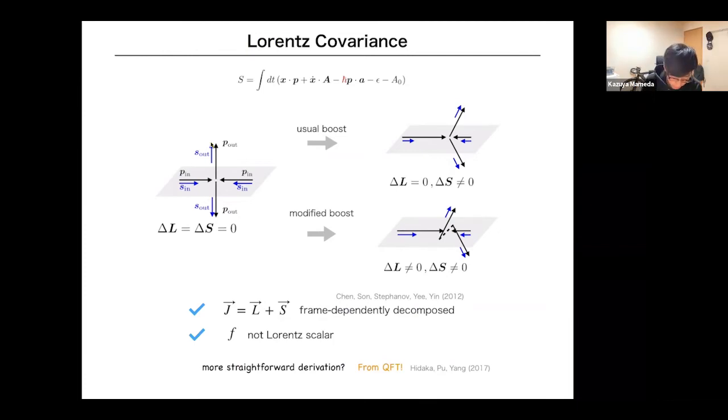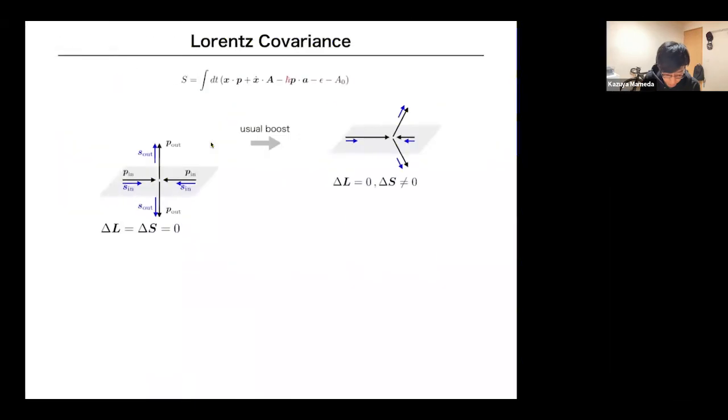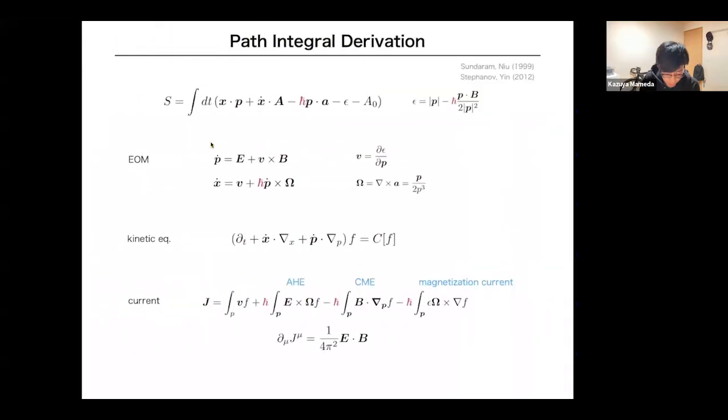And also, I want to emphasize that the distribution function f itself is not a Lorentz scalar, because if you change the frame, then the definition of p is changed.